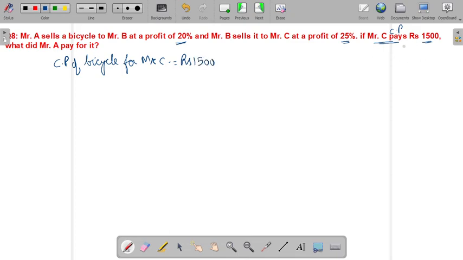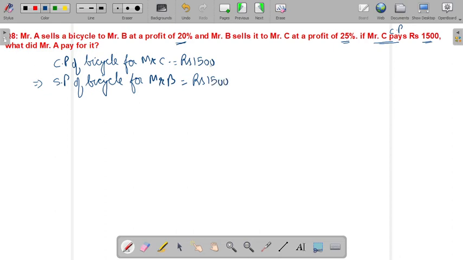Now Mr. C purchased it, it means this 1500 will become the selling price for Mr. B. So the selling price of bicycle for Mr. B would be rupees 1500.